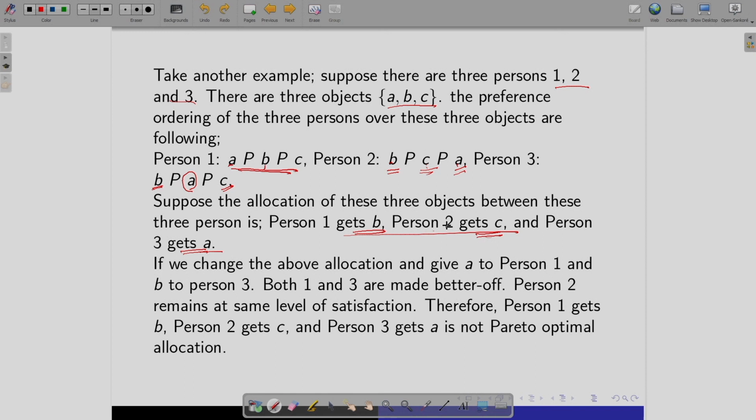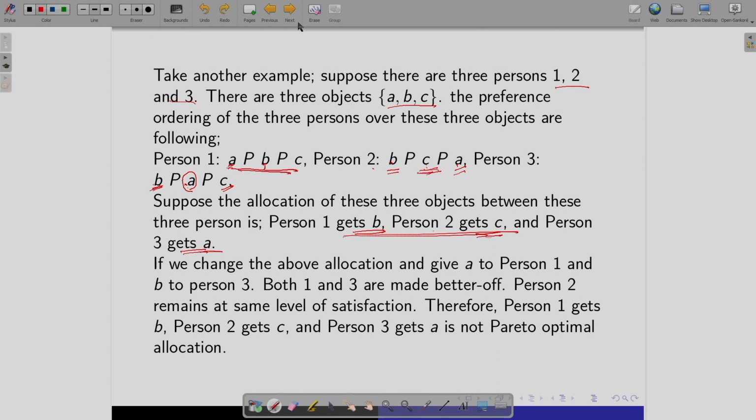Earlier person 1 was getting B and person 3 was getting A. After this interchange, person 1 has got A, so he is more satisfied, and person 3 has got B, so he is now more satisfied than with A. Person 2 is in the same state, because earlier he was getting B, and now also he is getting B. So, this allocation is not a Pareto optimal allocation.